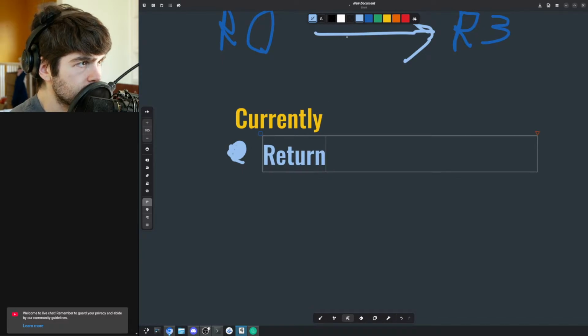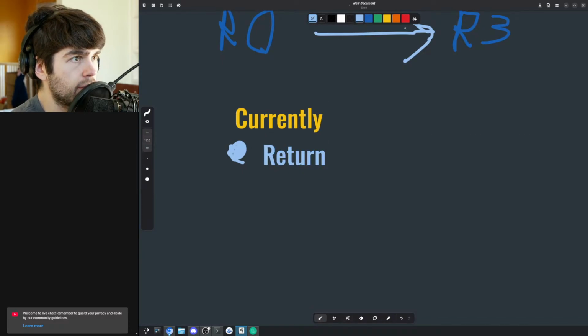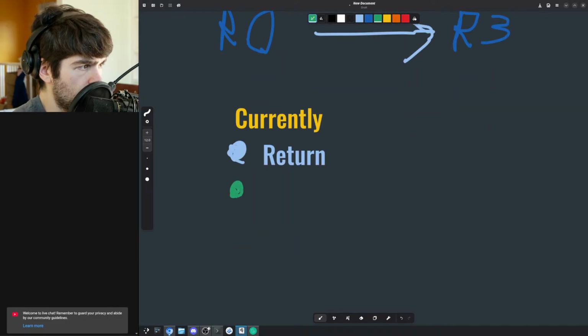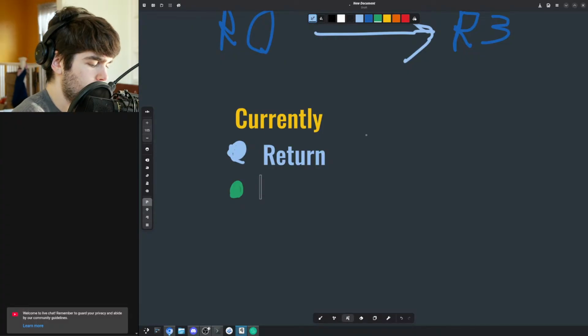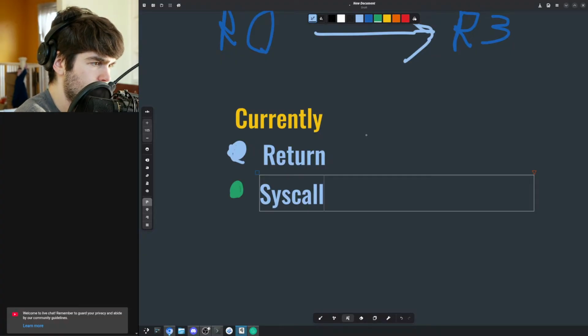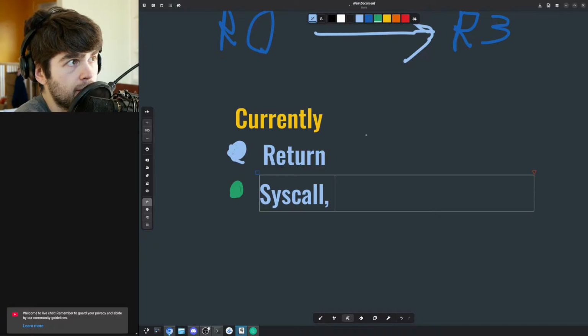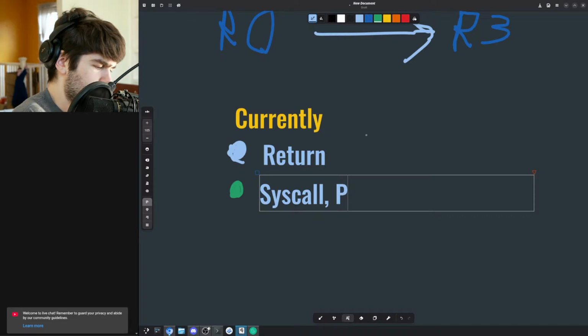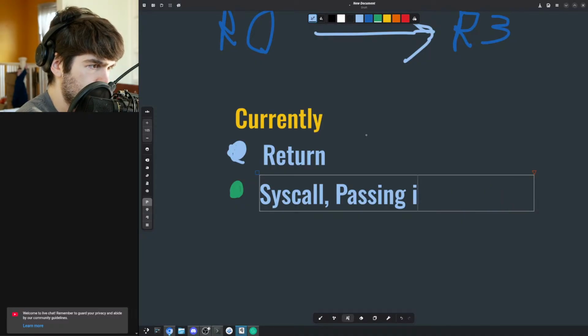While if we look at the green, it would be calling a syscall, there could also be an interrupt.